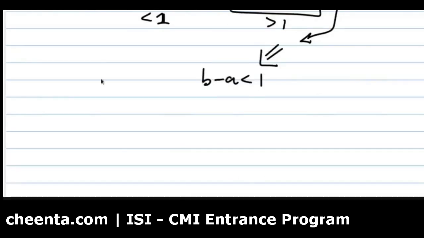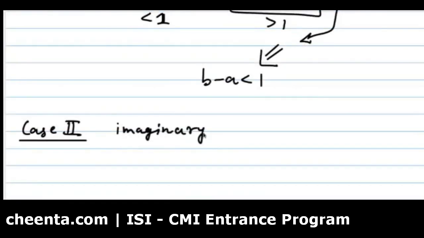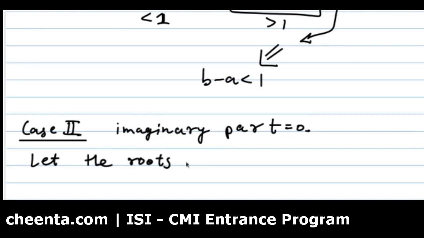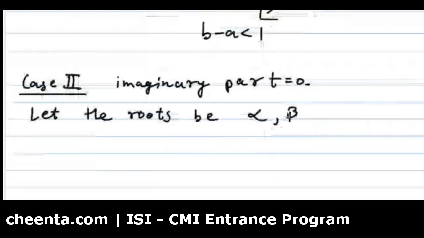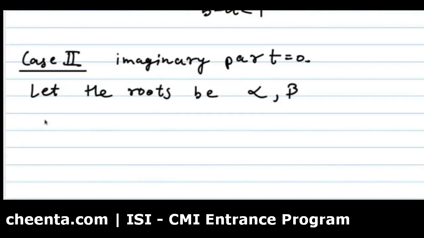Now, the real case. So case 2, imaginary part equal to 0. So let the roots be alpha, beta, and we know that mod alpha, mod beta, both are less than 1.